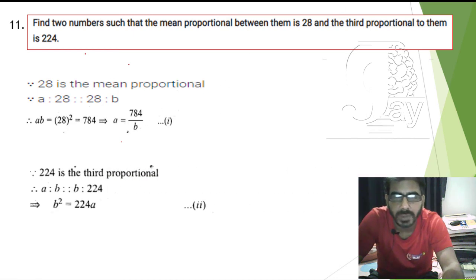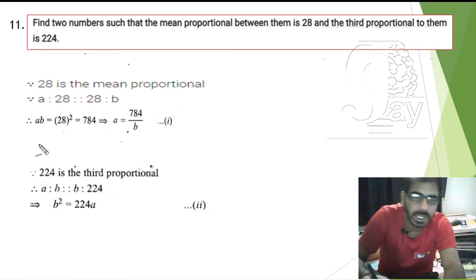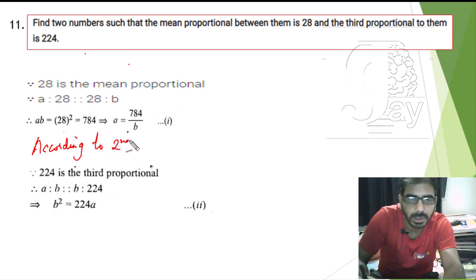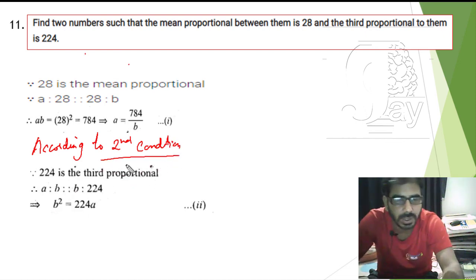And from the second condition, according to the second condition, we have the third proportional to the two numbers a and b, 224. So a is to b is same as b is to 224. So we can say b square equals to 224a.